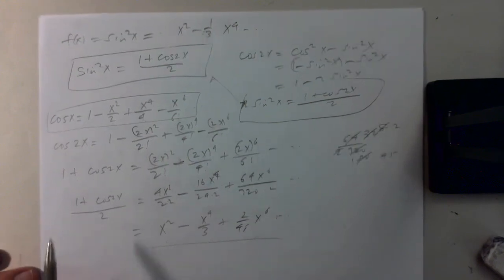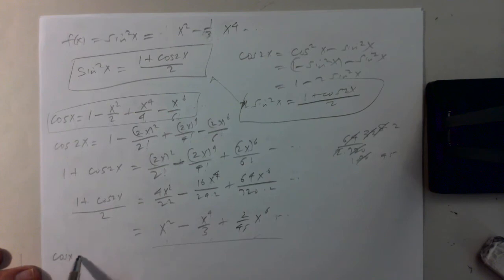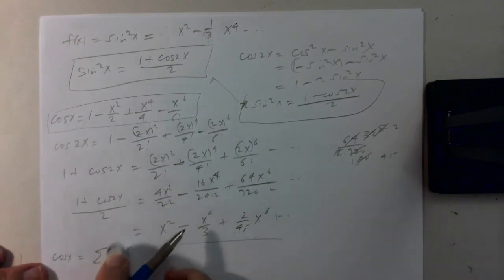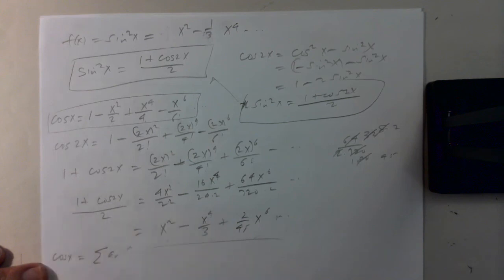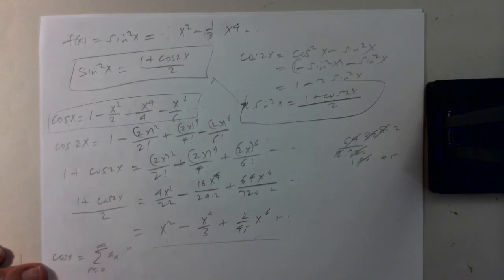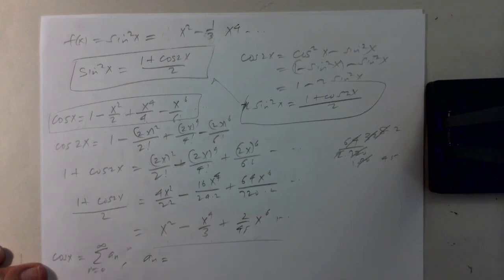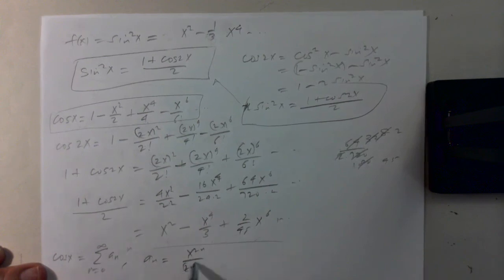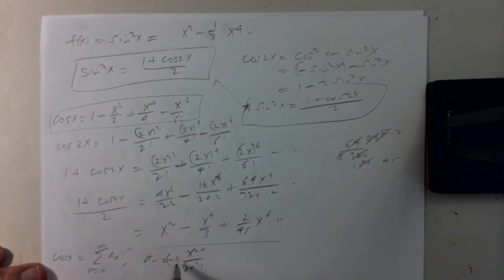So we have the series cosine x equals the summation of a sub n, and it goes from 0 to infinity, where the nth term is equal to x to the 2n over 2n factorial times minus 1 to the n.